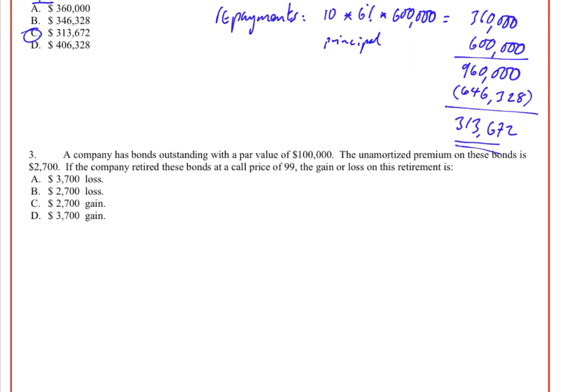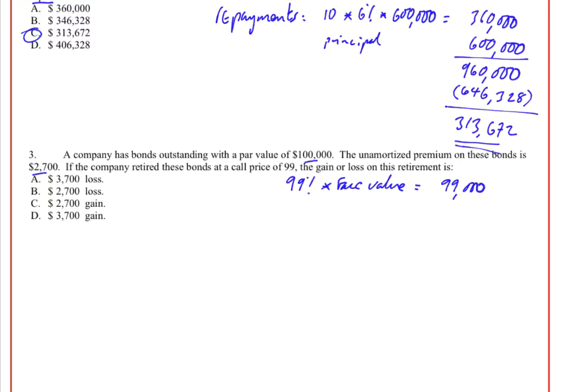Question 3. A company has bonds outstanding with a par value of 100,000. The unamortized premium on the bonds is 2,700, and the company retired these bonds at a call price of 99, and that means 99% of face value, so in this case face value is 100,000, this is 99,000. What's the gain or loss on retirement?